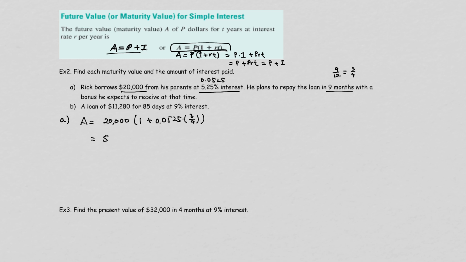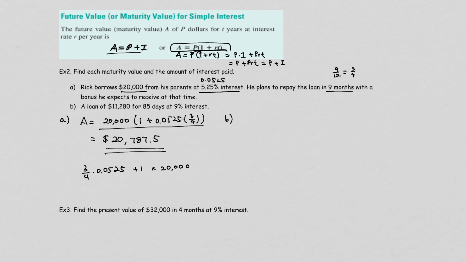And you will get 20,787.5. Again, to put this in the calculator, you do 3 divided by 4 times 0.0525, then plus 1 and times 20,000. Then you should get that number.